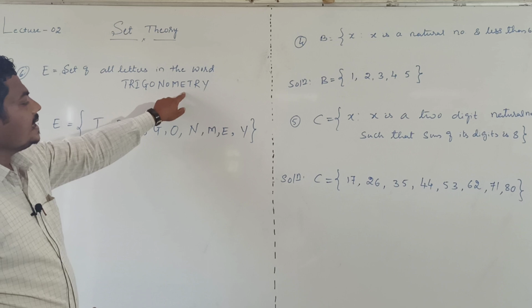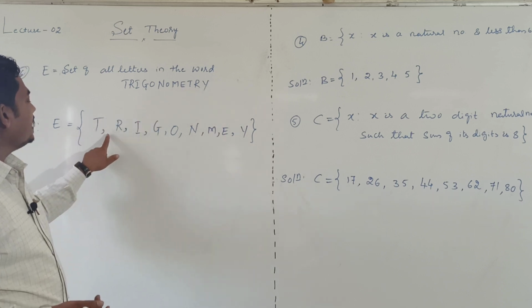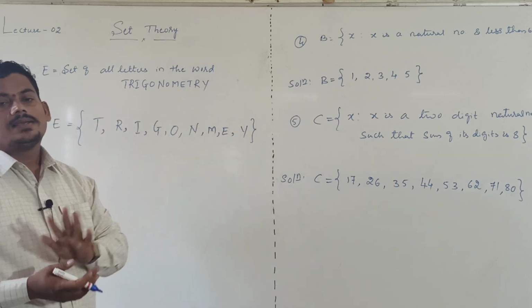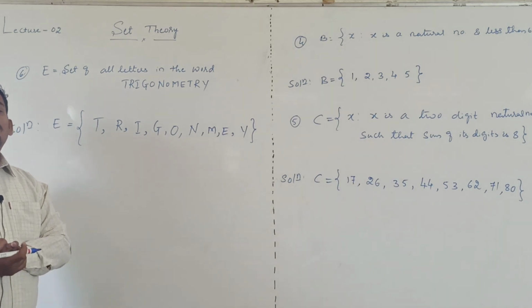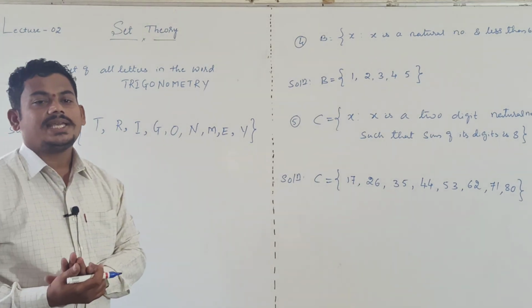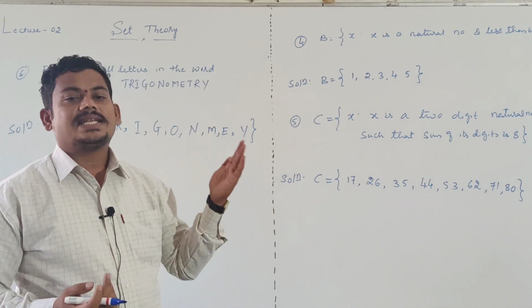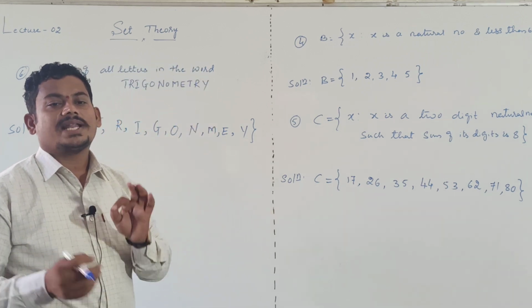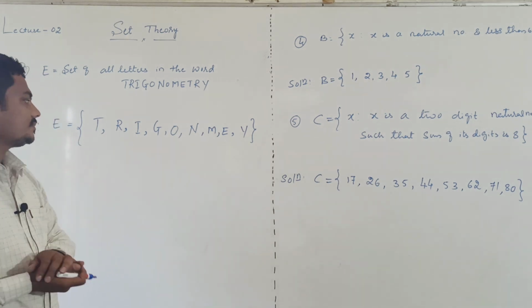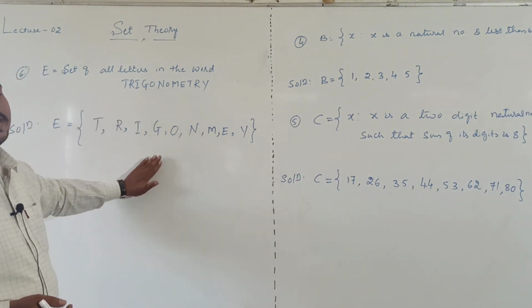M, E, T and R already written. Directly write Y. List out all the elements, and repetition of the elements is not allowed in roster form. Write the elements once. This is the corresponding roster form.